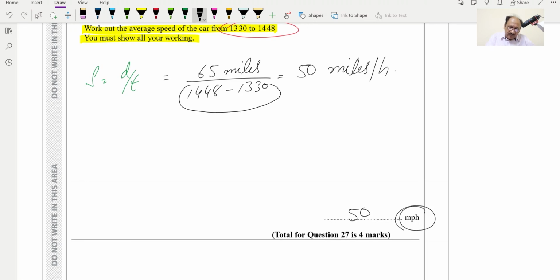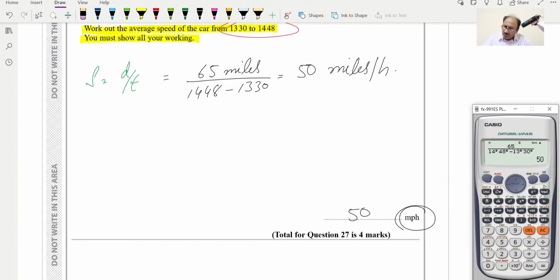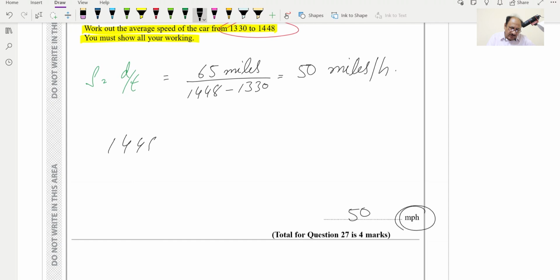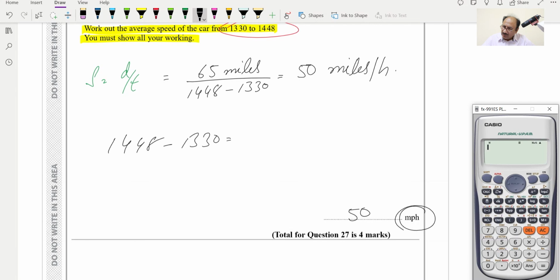Whatever we have done for this denominator portion, the time calculation, you can use the calculator for this time calculation and write it separately, and that will be an additional step: 1448 minus 1330, and this one you can write 14 hours and 48 minutes minus 13 hours and 30 minutes, and this is equal to 1 hour 18 minutes.